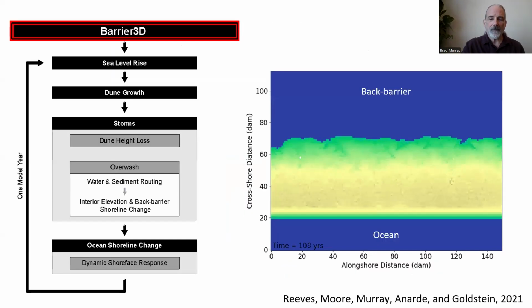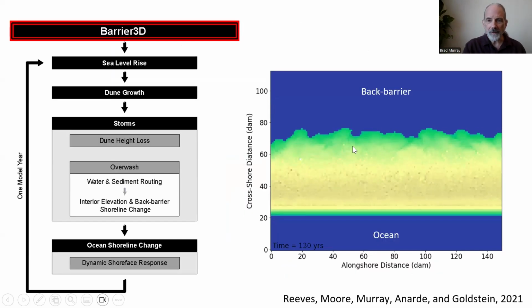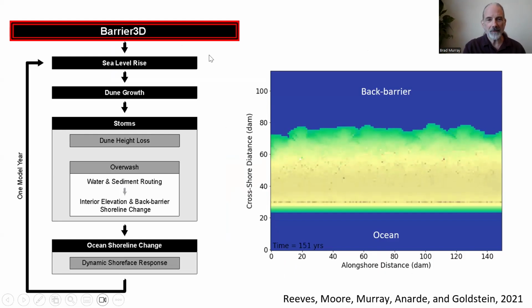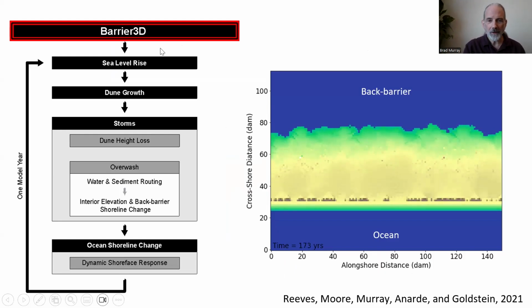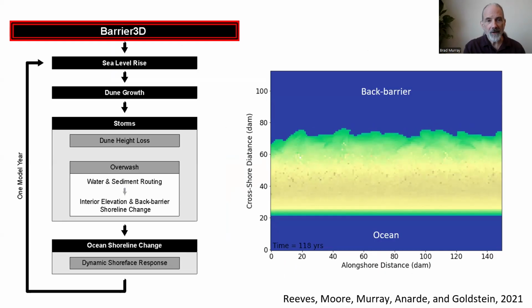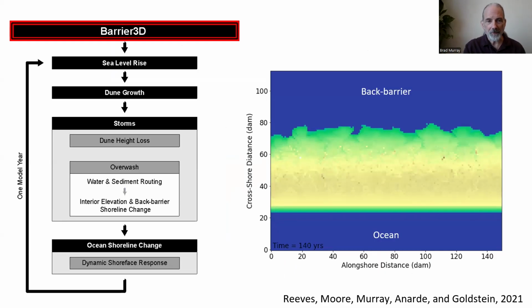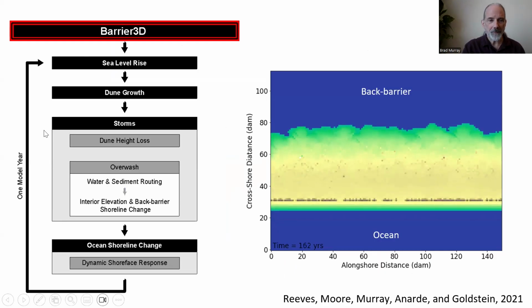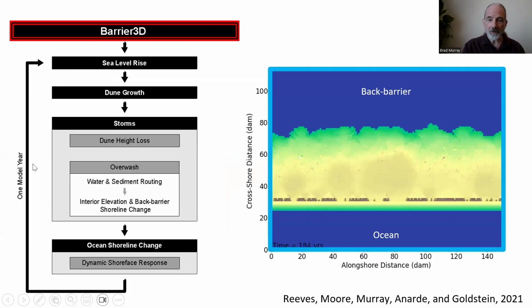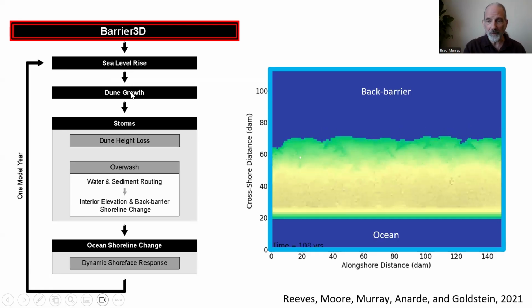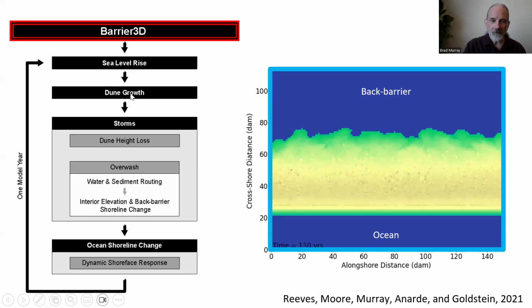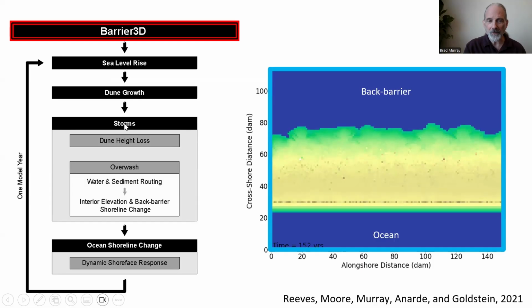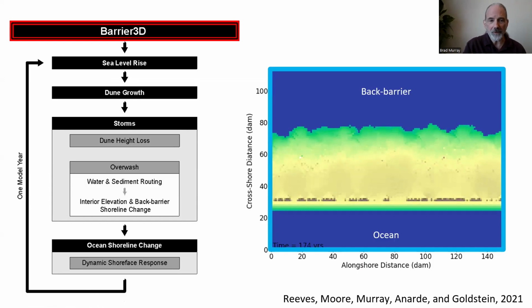Okay. Before we look at the animation on the right, I want to walk you through how one model that represents barrier evolution under natural processes works. In this barrier 3D model, each model year starts with a year's worth of sea level rise and adds a year's worth of dune growth, and then represents all the sediment transport that happens during the storms during that model year.